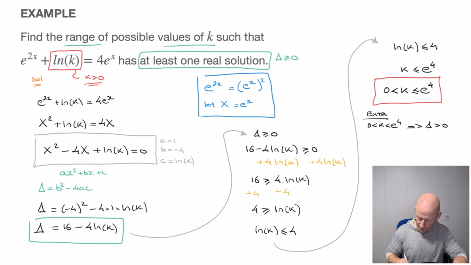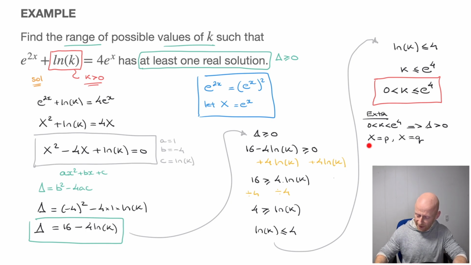And in that case, this quadratic equation will have two solutions. We could say that capital X equals P, and that capital X equals Q, those being two distinct real solutions.